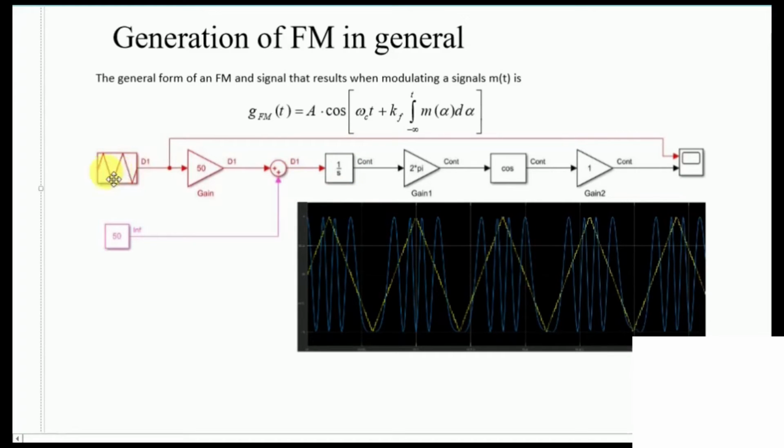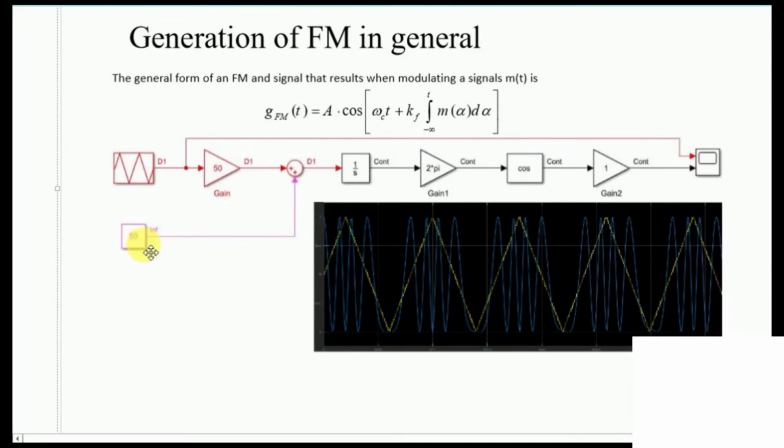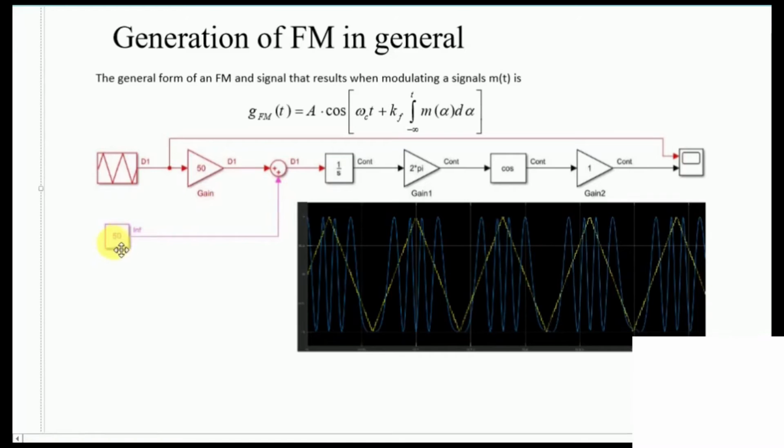So the upper fed signal and the lower fed signal both pass through the integrator. Since omega c is constant, if this is fc and it passes through an integrator, we will get fct over here.